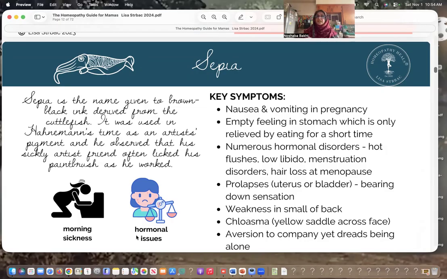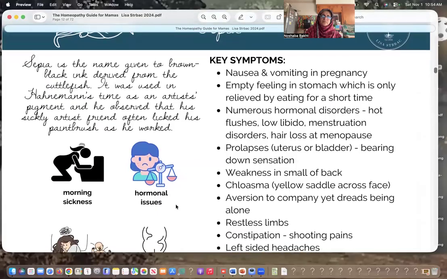It starts at a certain age when girls go from childhood to puberty, then when it stops, or during pregnancy, hormones go up and down, after pregnancy, during lactation, and then at a certain age in the 40s and 50s, women start having hormonal uphills and downhills again, and they go through a menopausal state. So mostly this is the remedy for hormonal issues.